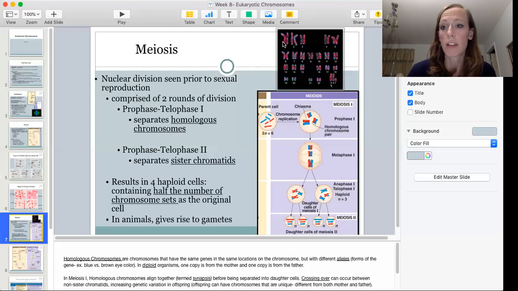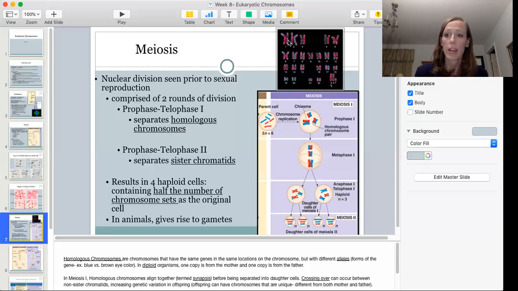We call that location a locus, the location on the chromosome where you have a specific gene, okay? So that gene encodes for, say, hair color or eye color, whatever it may be. You might get different forms of it from your mother and your father, but you have one chromosome and its homologue inherited from each of your parents, okay? So I hope that makes sense. That's what homologous chromosomes are.